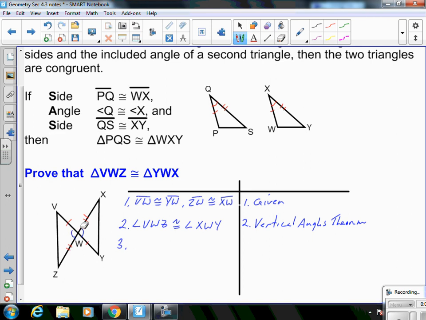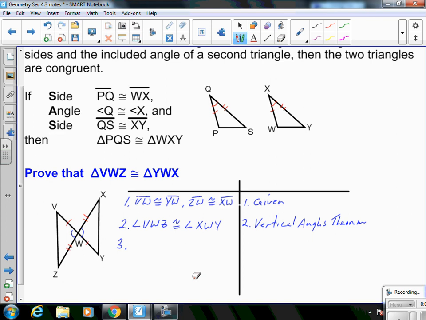And now if we look at what we got: this side congruent to this side, congruent to this side, and in between those two sides we have this angle congruent to this angle. So if we just look around, we got a side, an angle, and a side congruent to a side, an angle, and a side.